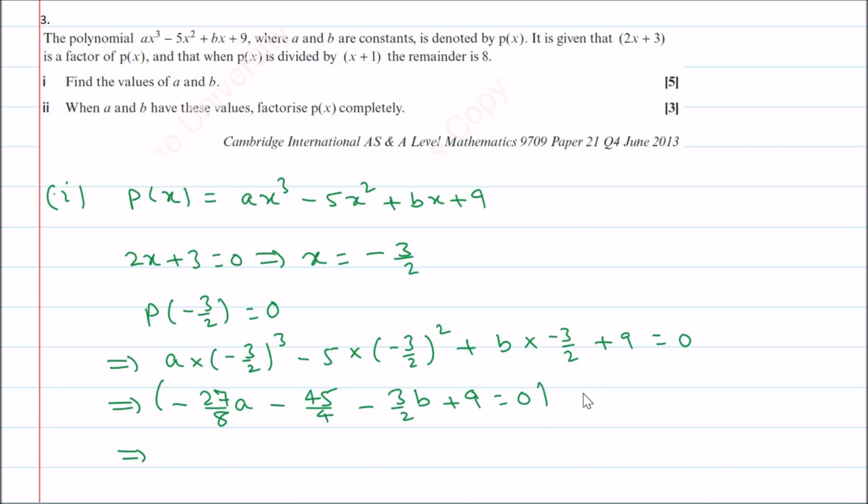So let me show here. We are going to multiply by 8. We get minus 27a, then we get minus 90, minus 12b, plus 72, is equal to 0.